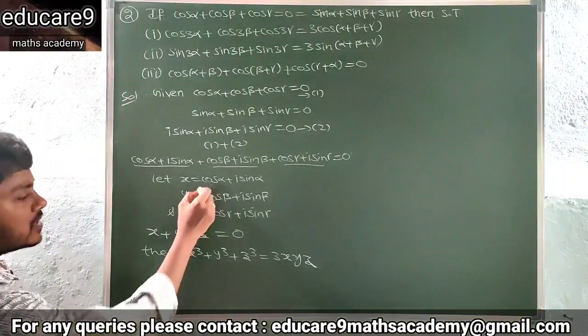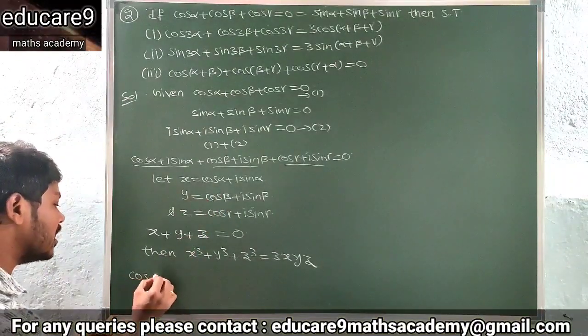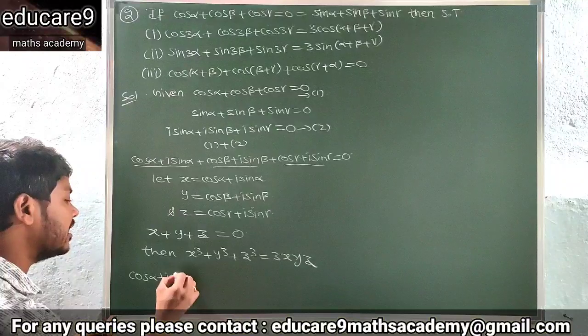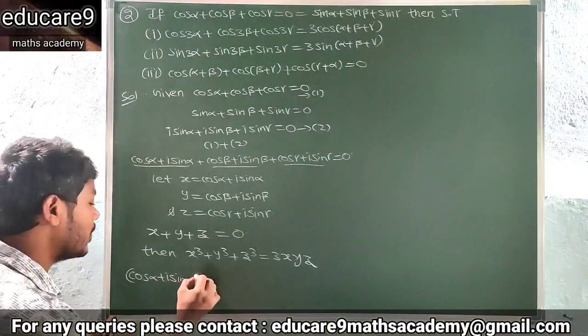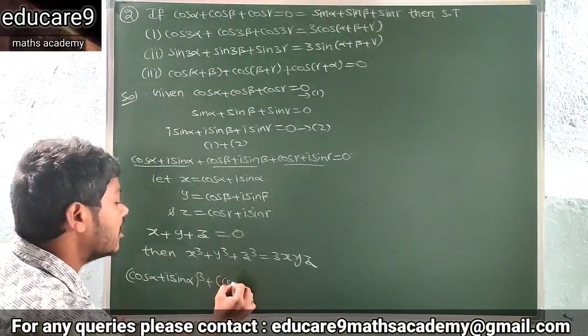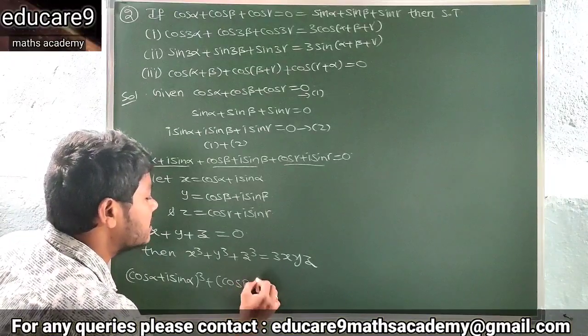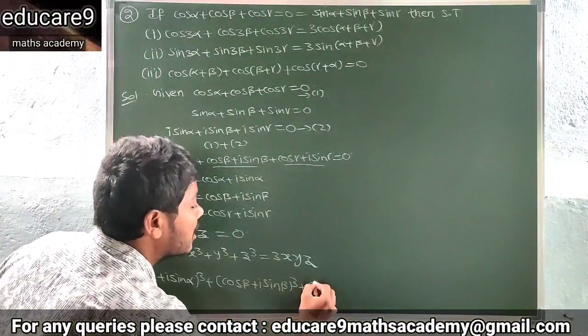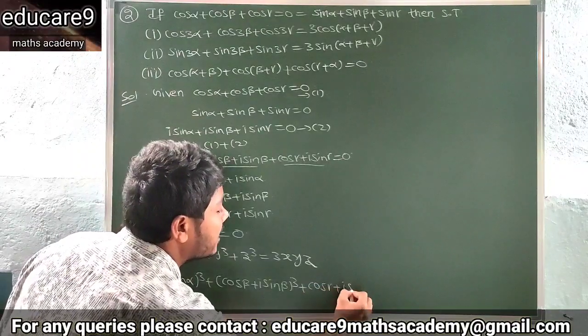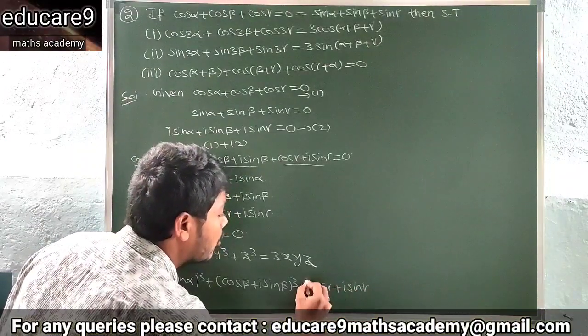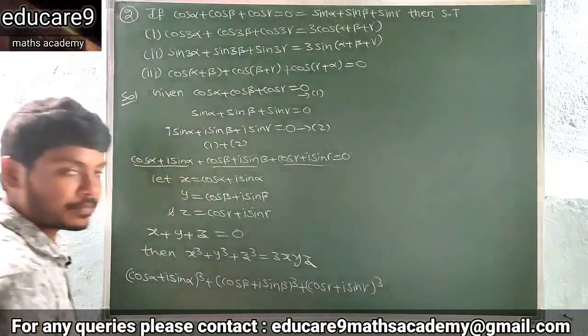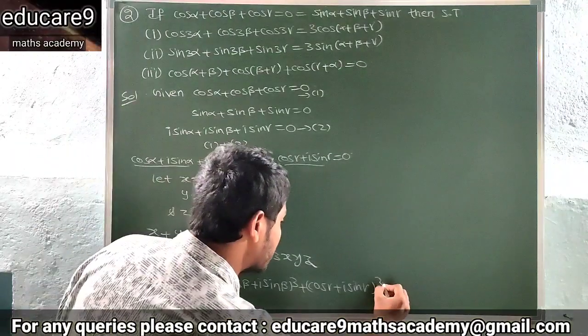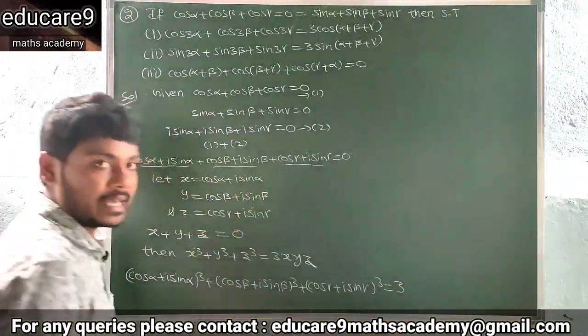So clearly what is x value? (cos alpha plus i sin alpha) whole cube plus (cos beta plus i sin beta) whole cube plus (cos gamma plus i sin gamma) whole cube. So this is equal to 3xyz.